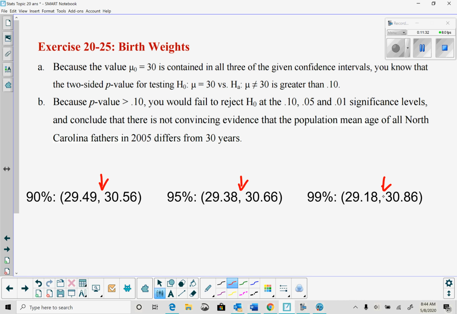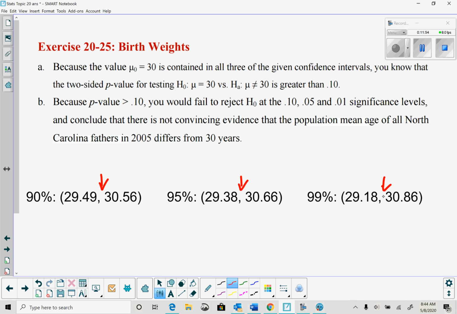So again, the way they're writing it out, because that value is in all three of the confidence intervals, it's a not equal to, so this is a two-sided t-test here. The p-value for testing that has to be bigger than 0.1.